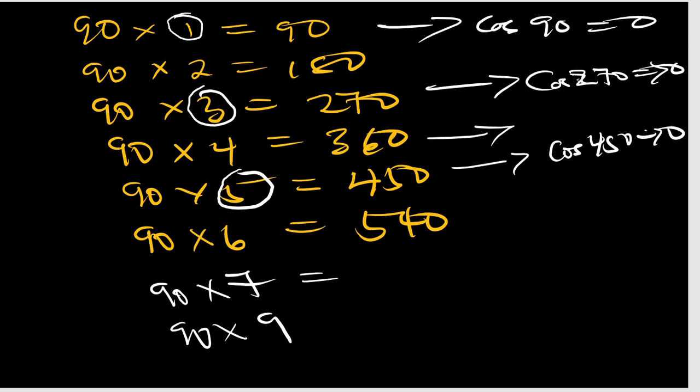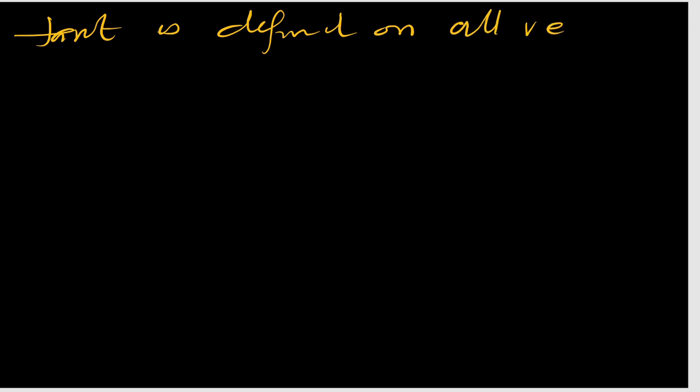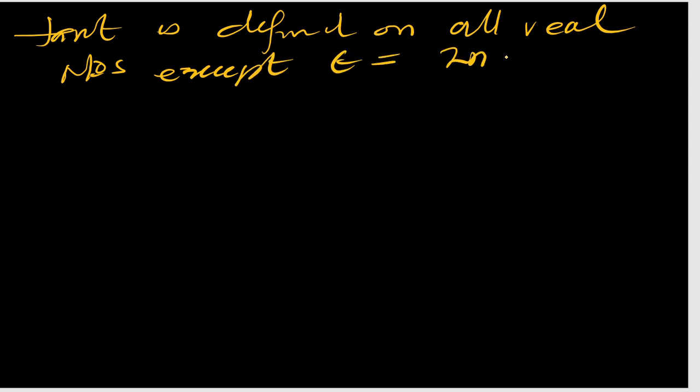So we can now conclude and say that tan t is defined on all real numbers, except when t is equal to 2n plus 1 multiplied by pi on 2.